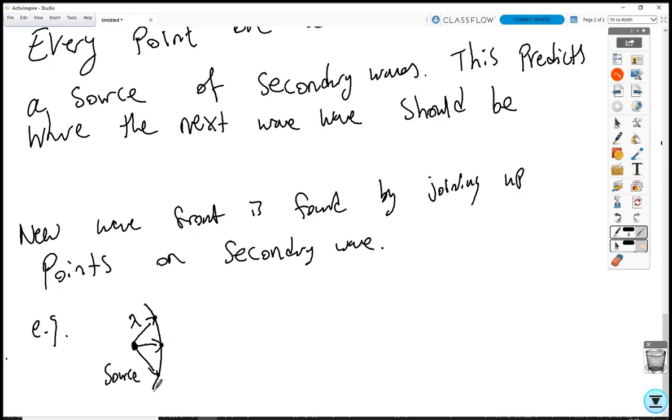And then when we join them up, this is our first wave front. Then each part of this wave behaves as a source for the secondary wave. And again, these are 1 lambda apart. And then joining all of these gives us the second wave front. And so on and so forth. So we can keep doing that until we get more and more wave fronts.